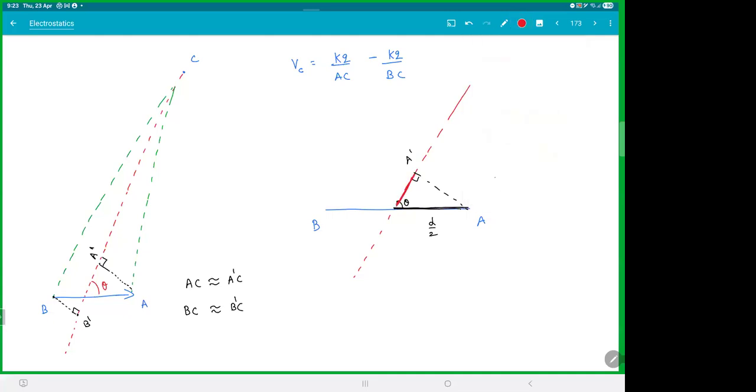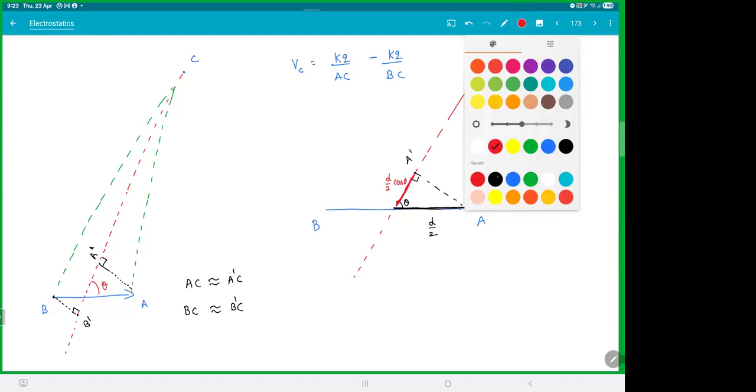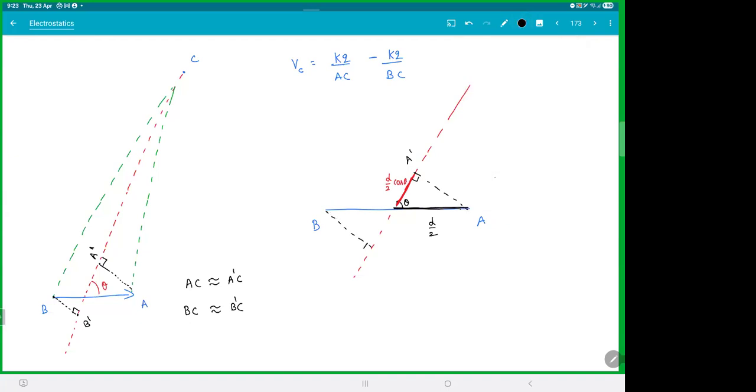So this distance would be D by 2 cos theta. Similarly, when you drop a perpendicular here, this is also theta, and this distance is also D by 2 cos theta. You can drop from A to BC also, it works. When you do an approximation, it really doesn't matter, it's just an error. Clear? So I'm just trying to keep everything from the center.